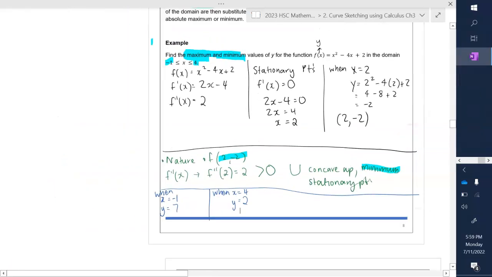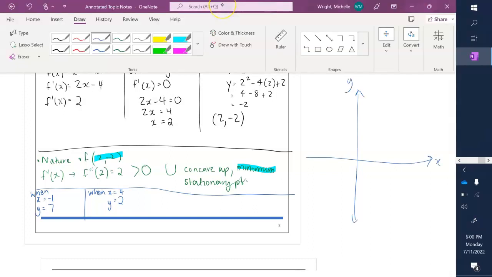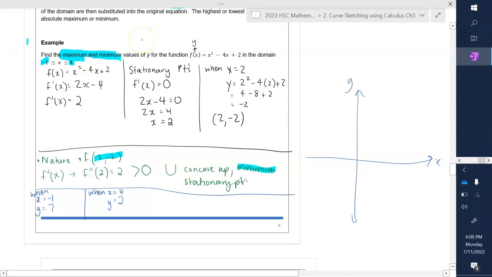Okay, I'm going to go ahead and draw that and figure out what we've got happening. We've got an x, we've got a y. Let's see what we've got happening. Okay, so we know we have a minimum value at (2, -2). So there's (2, -2). So I know I've got a minimum happening here.